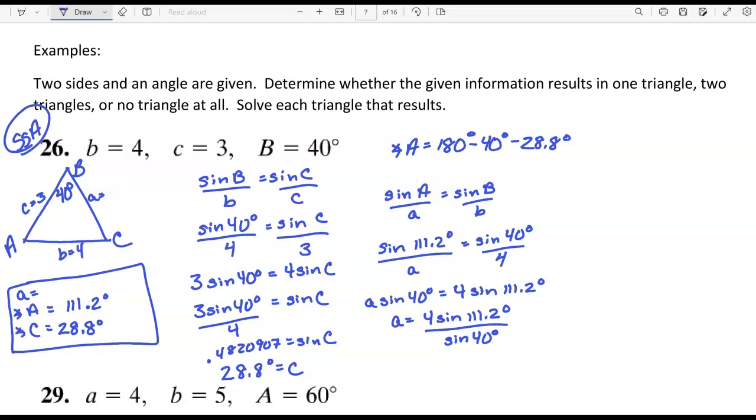So I'm using my calculator for sine of 111.2 divided by sine of 40, and that gives me a side A of 5.8.